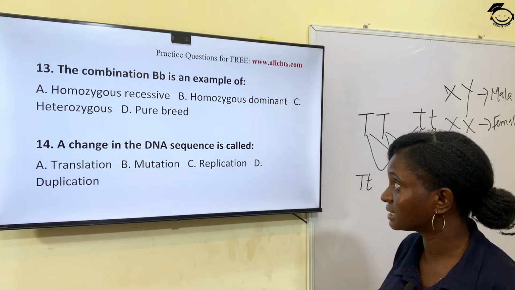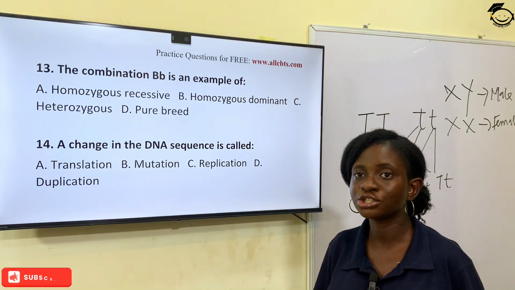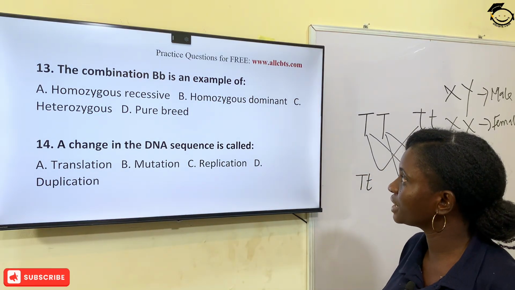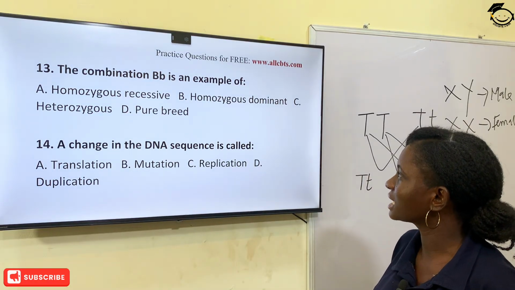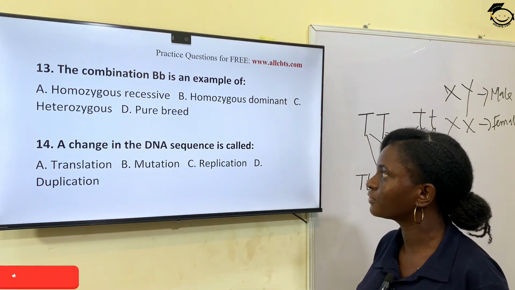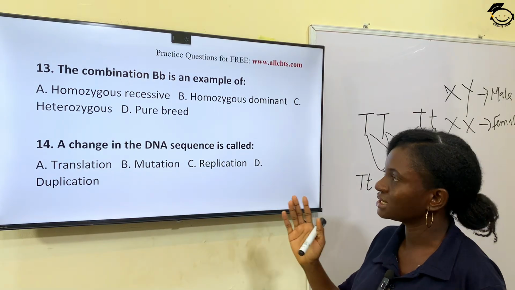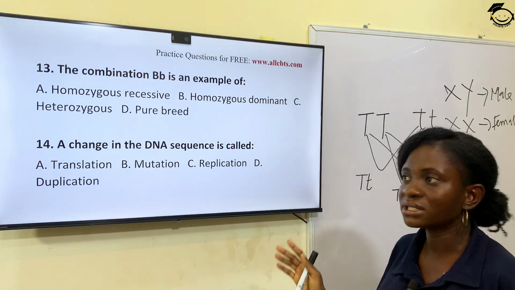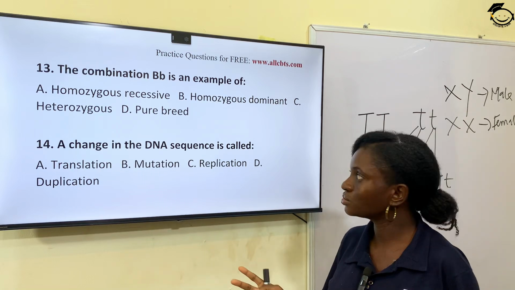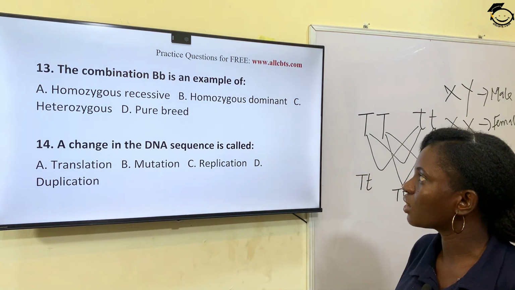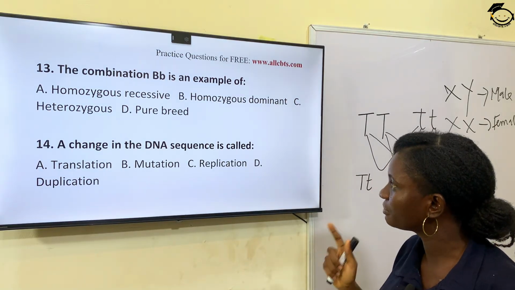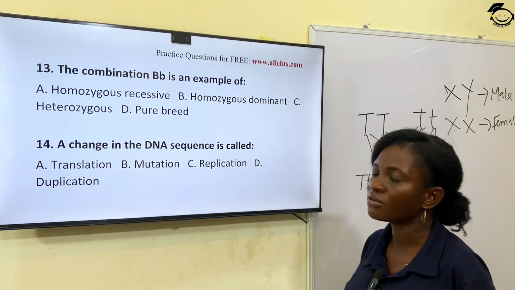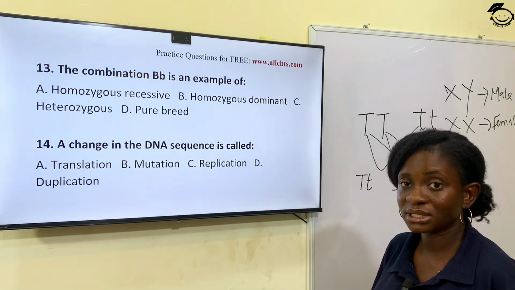Question 13. The combination of capital B and small b is an example of, you see, one is dominant, the small one is recessive. That's two different ones. So it is an example of heterozygous. That's more than one.